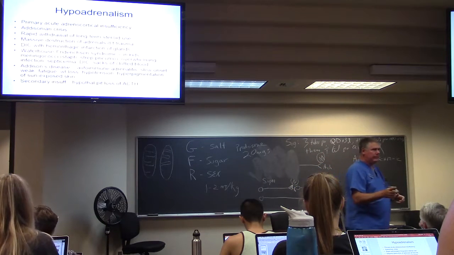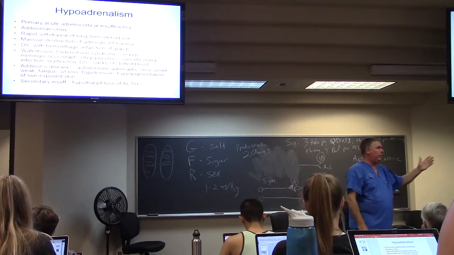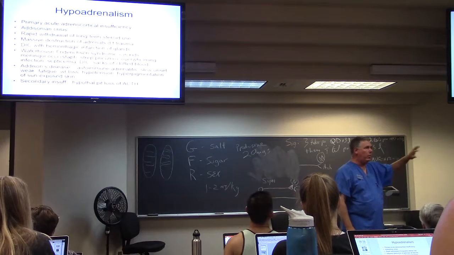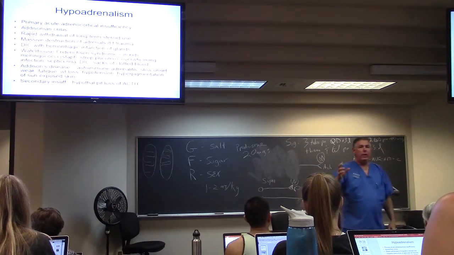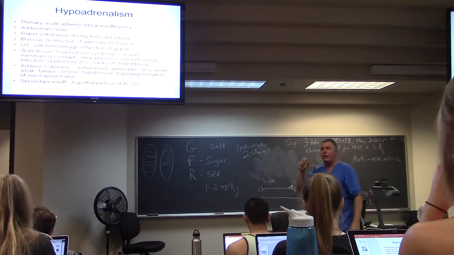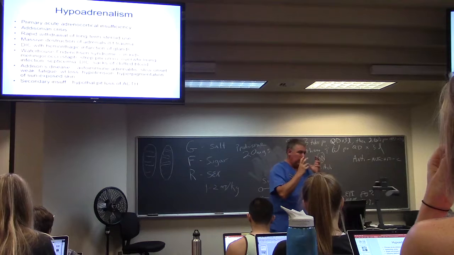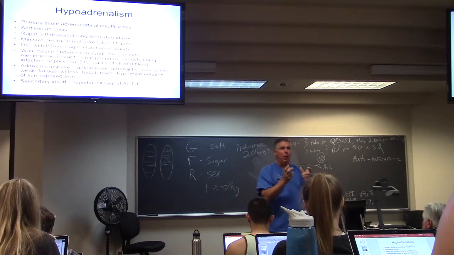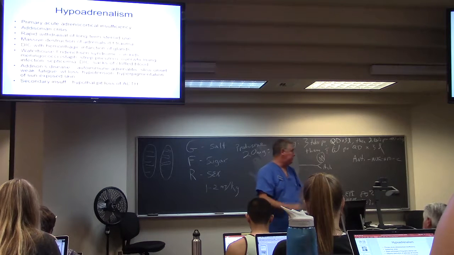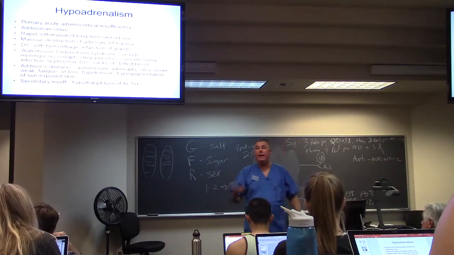You know what DIC is? Disseminated intravascular coagulation. We talked about that back in Intro to Human Form in January. I'm sure you remember that well. So anything that immune reaction like that can produce, the adrenal glands turn into basically little sacs of blood. They're non-functioning and they're dead.